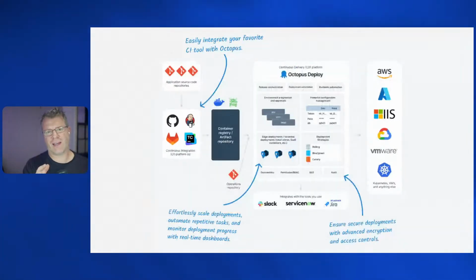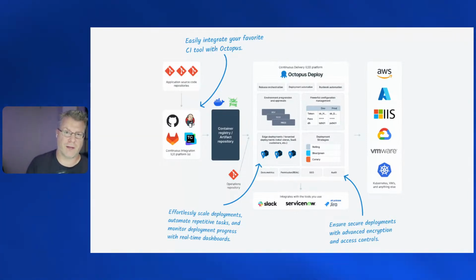You can see how Octopus really solves a lot of these challenges. We have features like environment progression. We have the ability to support deployment strategies, etc. We have built-in DORA metrics. We have powerful features like runbooks, as I mentioned earlier. We have features like tenants. We have config as code, which allows you to define your deployment processes and put them into Git.